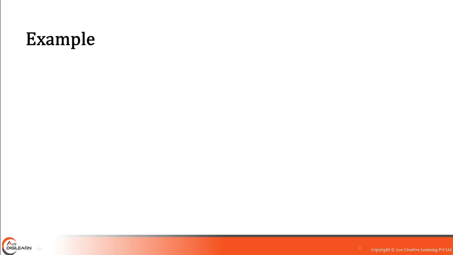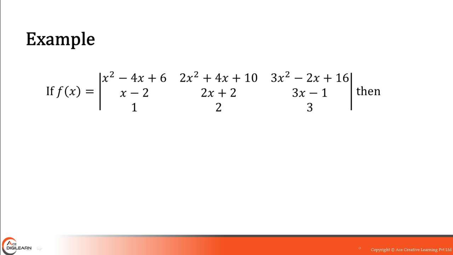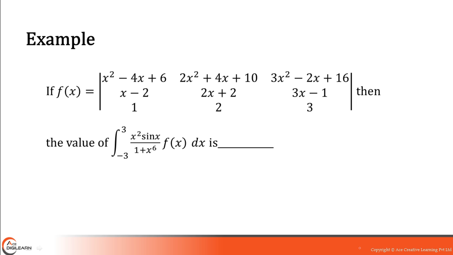One more example. If f of x is equal to a determinant of order 3 by 3, then the value of integral x square sin x by 1 plus x power 6 f of x dx under the limits minus 3 to 3 is, you can observe the determinant given.